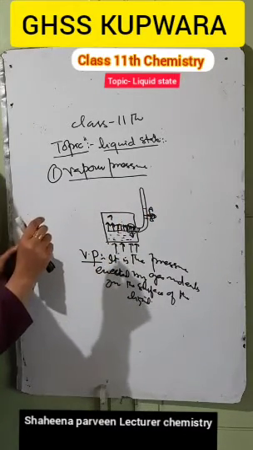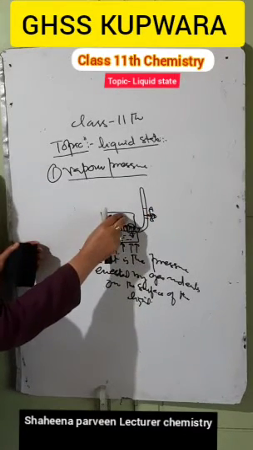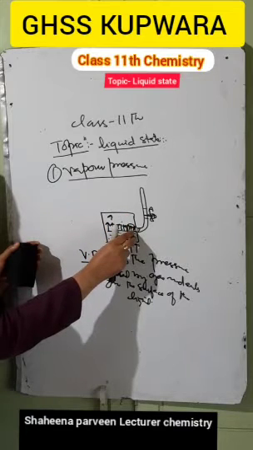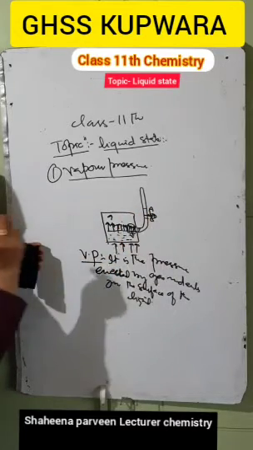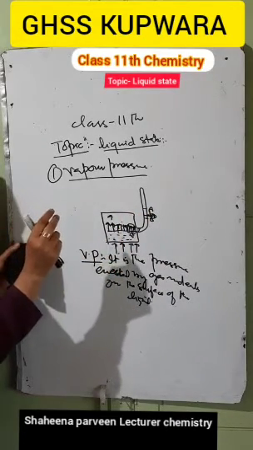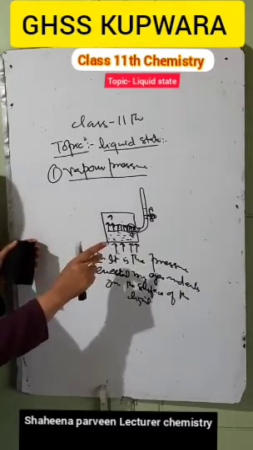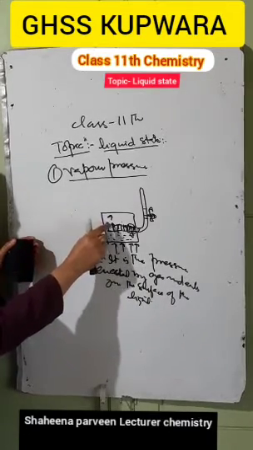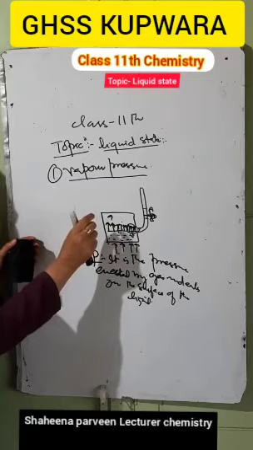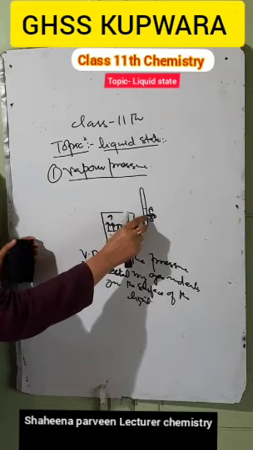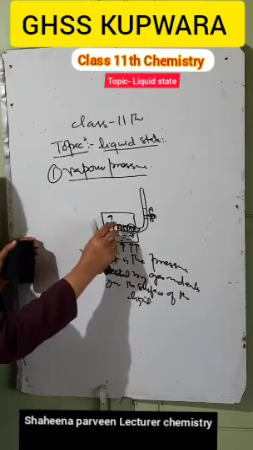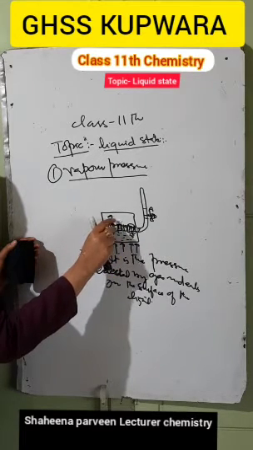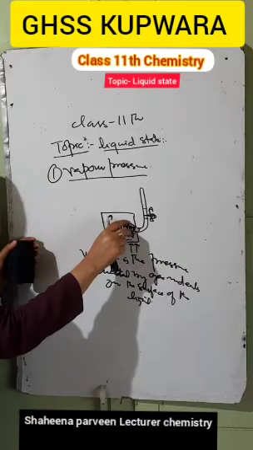Now after some time what will happen, the gaseous molecules जो यहाँ पर है, they get condensed back into the liquid state, and the process is called condensation, which is shown by decreasing level of mercury in the manometer. So there are two processes, one is evaporation and second is condensation. And after some time the level of the mercury in the manometer attains a steady value. अब इसका क्या मतलब है कि जितना रेट ऑफ इवापोरेशन है यहाँ पे उतना ही रेट ऑफ कंडेंसेशन है.